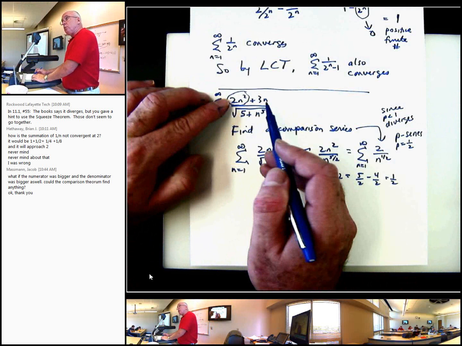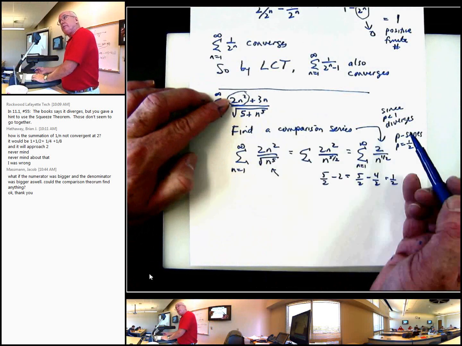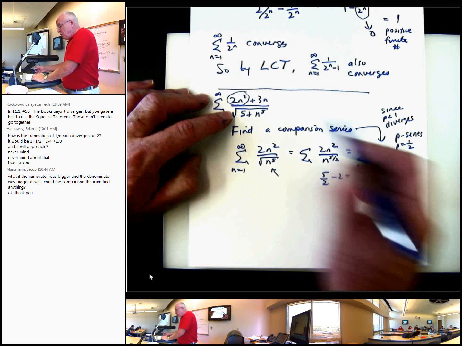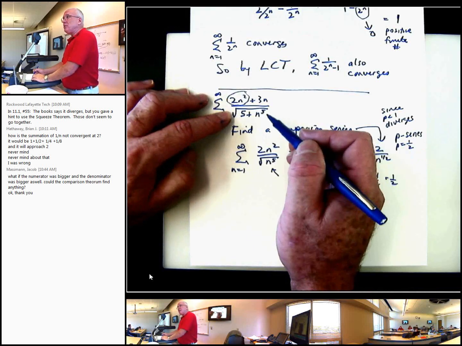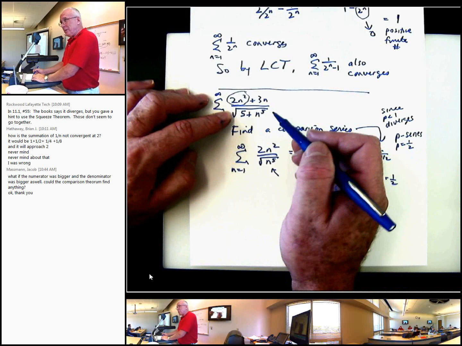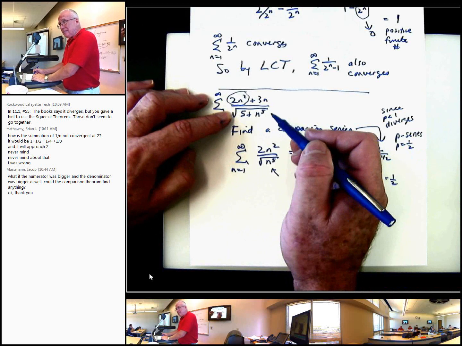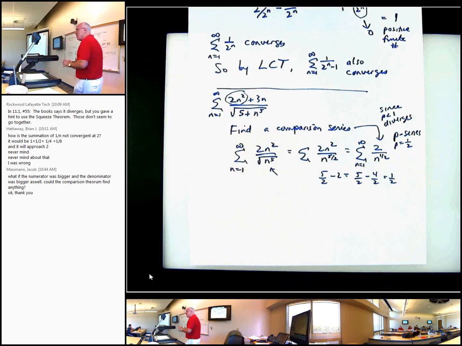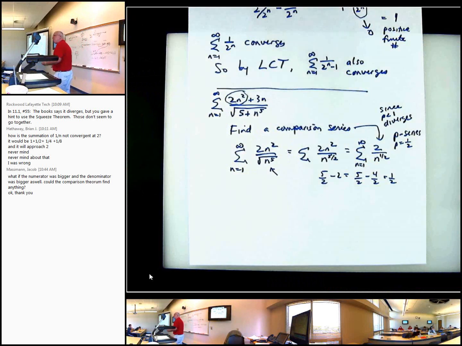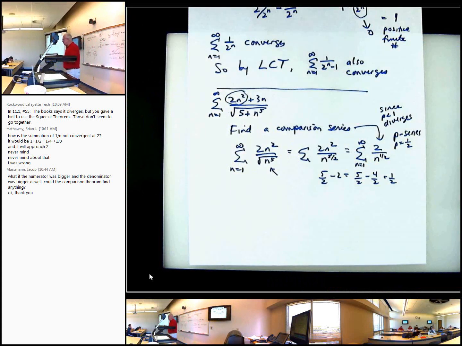But the denominator also has a plus in it, so the denominator is also bigger, which means it would be smaller. So we can't use the comparison test when we have two pluses like that in the top and the bottom. We need to revert to the limit comparison test.